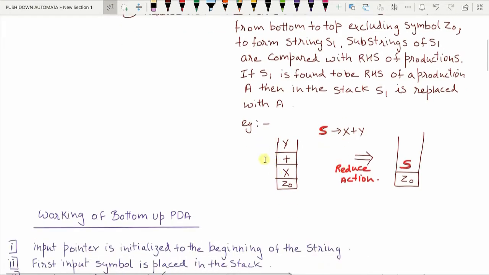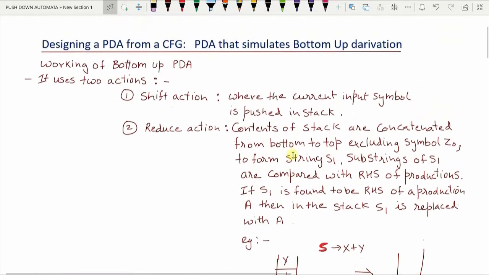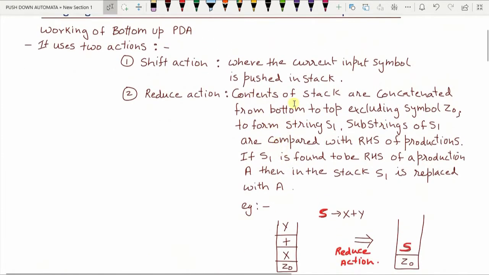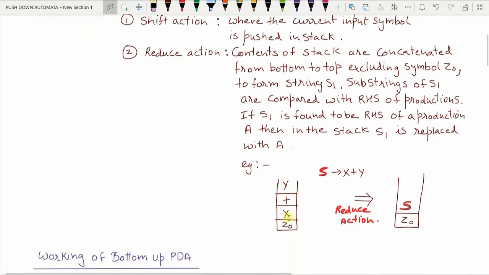So here, the procedure is this: the stack will contain certain elements. The contents of the stack, from bottom to top, are concatenated, excluding the z0 symbol. Now why bottom to top? Because I just told you the original string is x plus y. If you want to read x plus y, you will have to read from bottom to top.